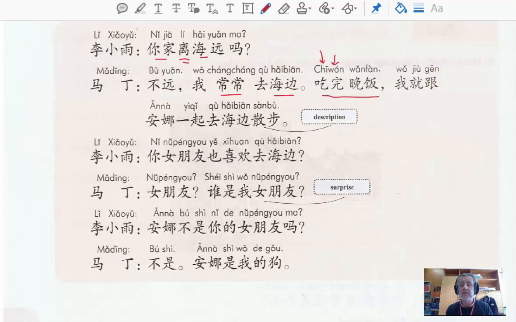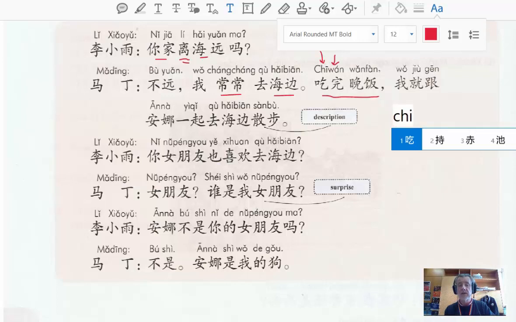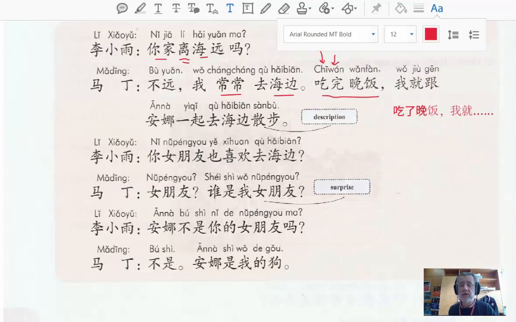In this case, the result is finishing eating. But equally here, we could say 吃了晚饭，我就 blah blah blah. So 吃完晚饭 and 吃了晚饭 both mean the same thing.